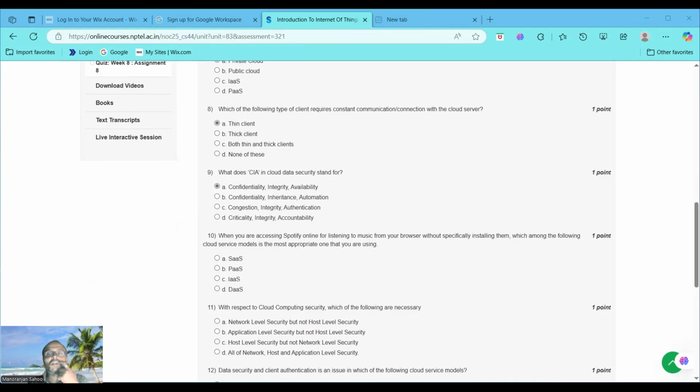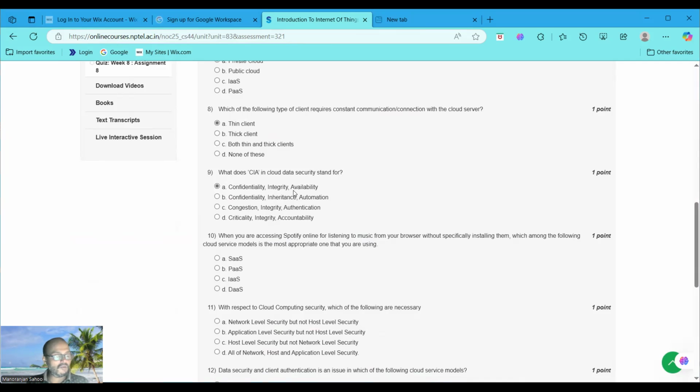Confidentiality means protection from unauthorized access. Integrity means data accuracy, and availability means accessible when needed, when required. Got it? So other options are incorrect because these are not standard definitions. So CIA stands for confidentiality, integrity, and availability.